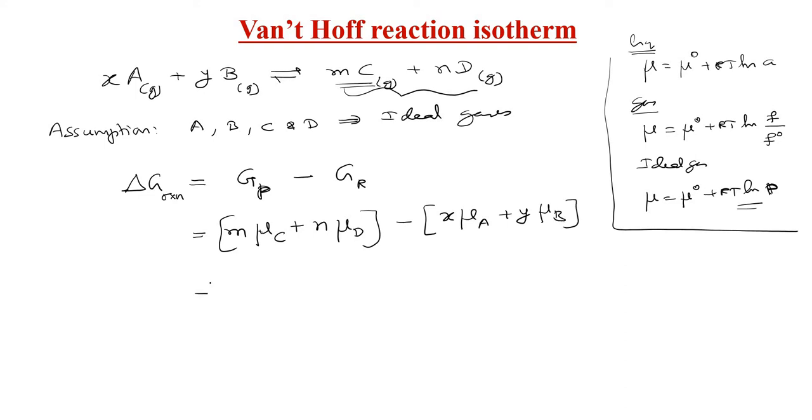Now, since I have assumed these species as ideal gases, I am going to use this formula for chemical potential.